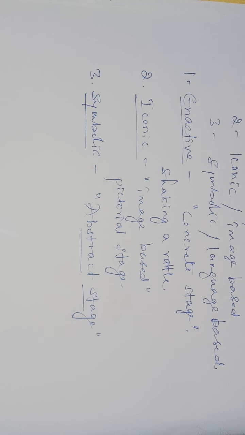In language, we use letters, then words, then sentences. So language is very important for human beings. For language, we first have to start by learning the letters, symbols, etc.